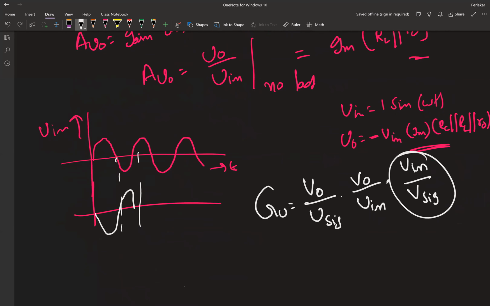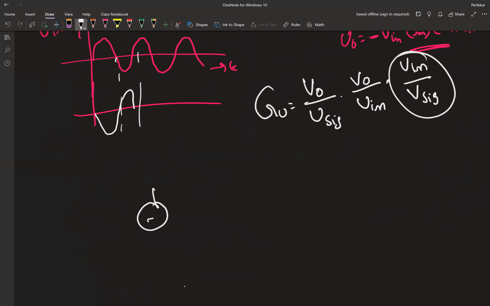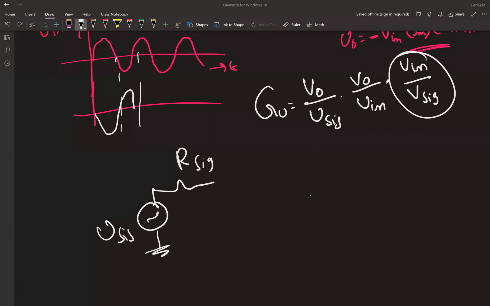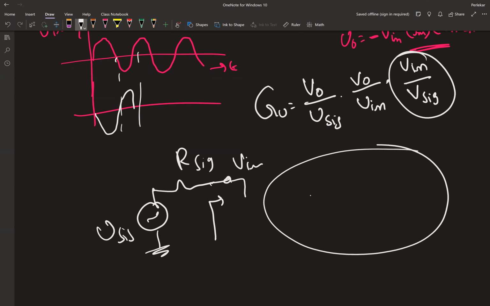Here is my signal, that's my V signal, that's my R sig. And here is my input terminal, so here is my V input. And all of this transistor input, I'm representing as R input.